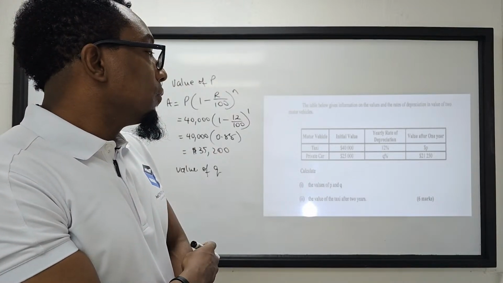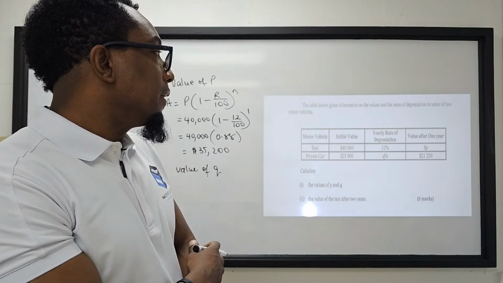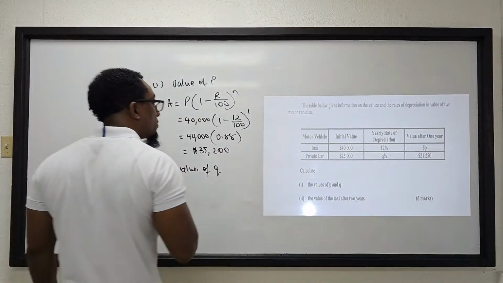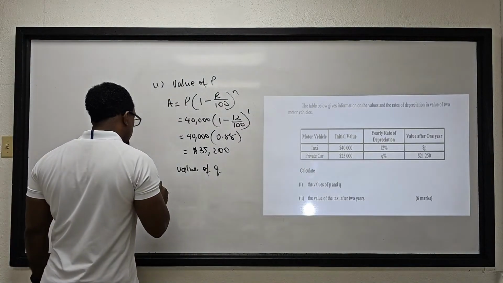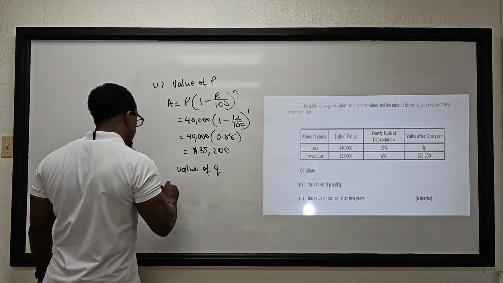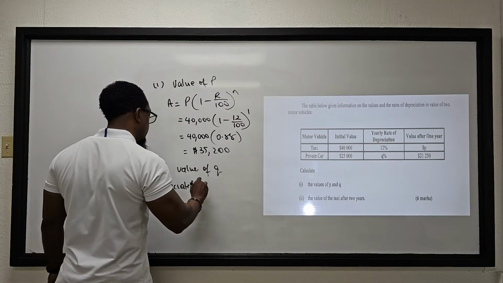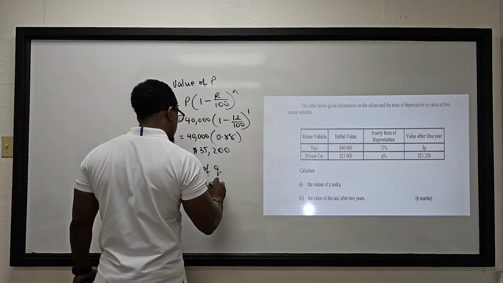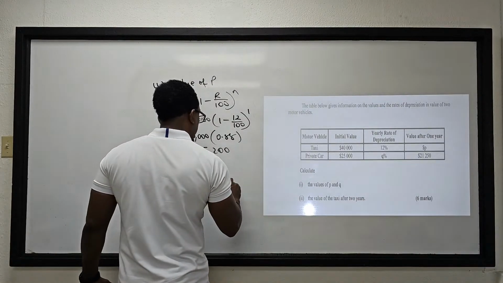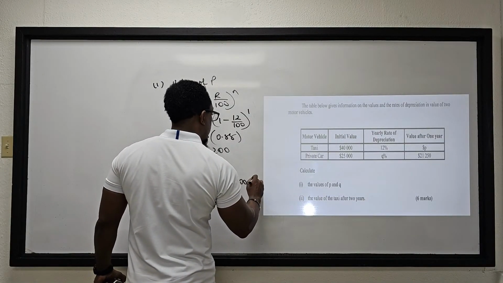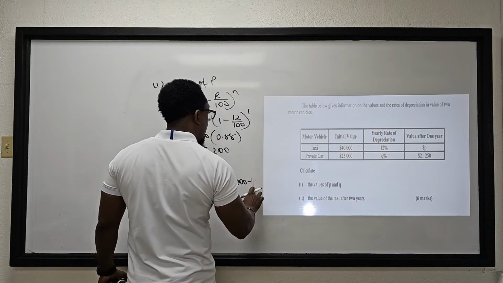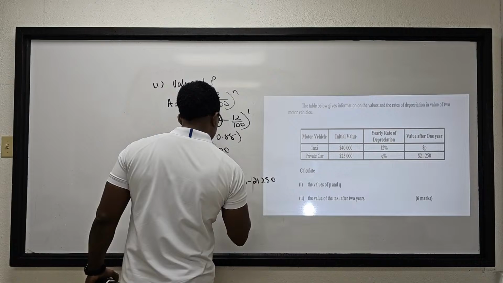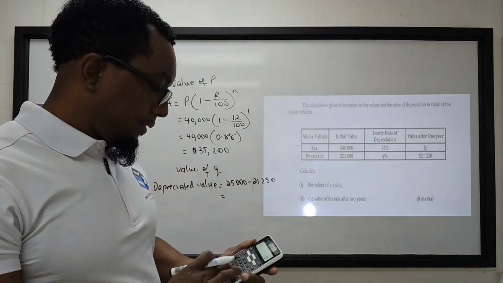So let's do this way. Our depreciated value will be subtracting from 25,000 the $21,250.